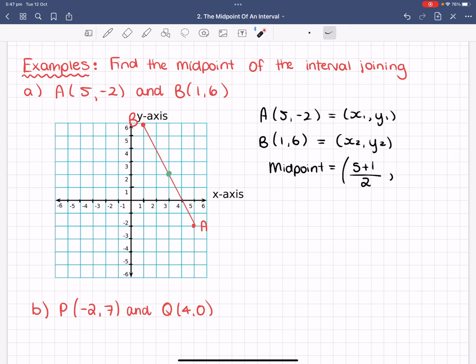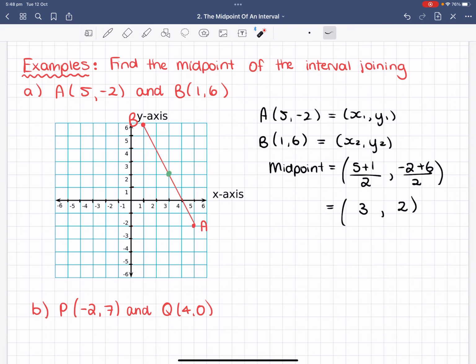And then the middle of the y coordinates. Here we've got 6 and here we've got -2. We add them together, so we're going to go -2 for our y1 plus 6, all over 2. And would you look at that? 5 plus 1 divided by 2 is 3. -2 plus 6 divided by 2 is 2, which, as we guessed, is right in the middle, right?